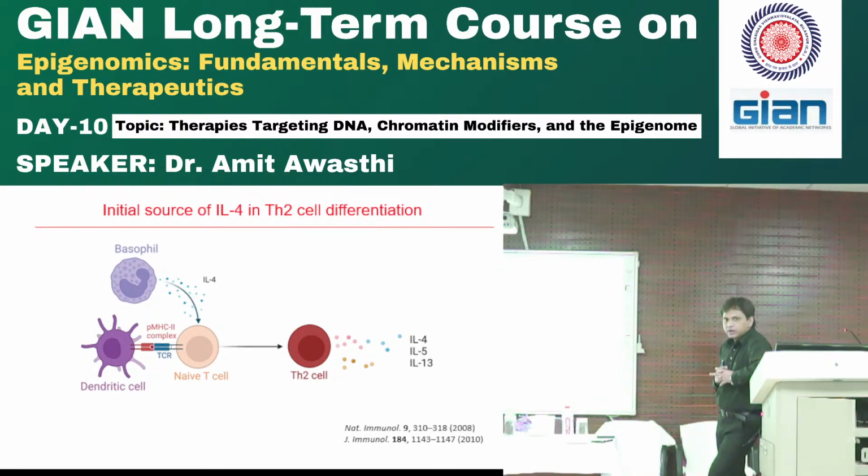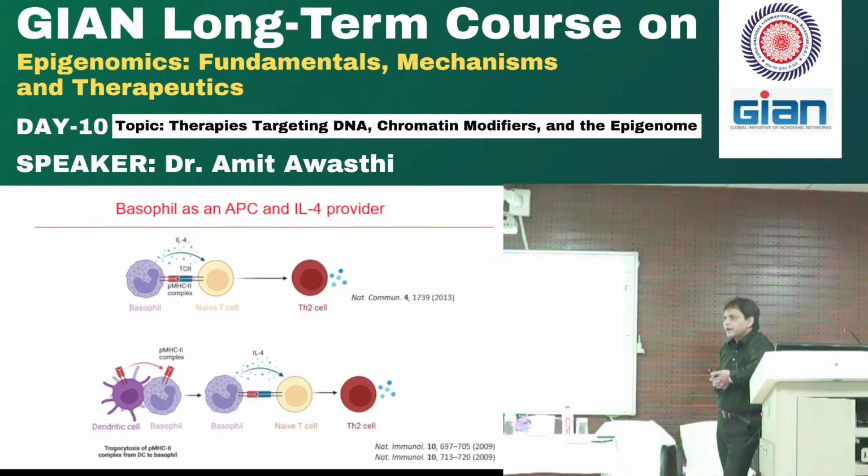So basophil is your granulocyte. You have basophils and eosinophils, and these are kinds of cells that are very rare in number, mostly at mucosal sites, in the lung, in the gut, where you have the mucous lining. So basophil actually makes this IL-4, makes Th2, and then the dendritic cells interact with the basophil.